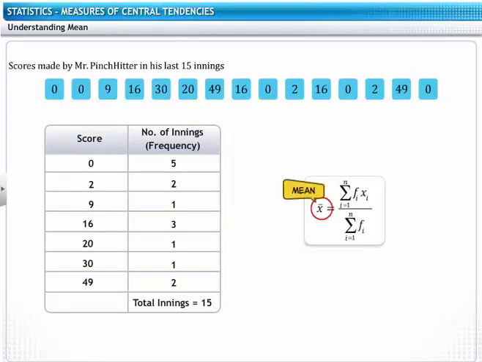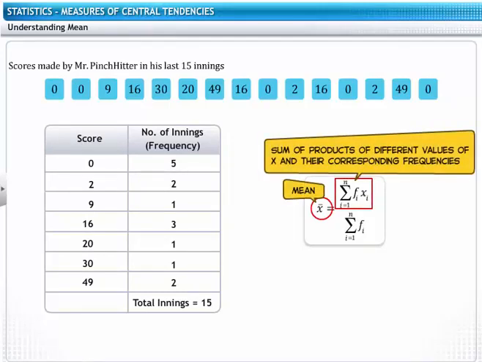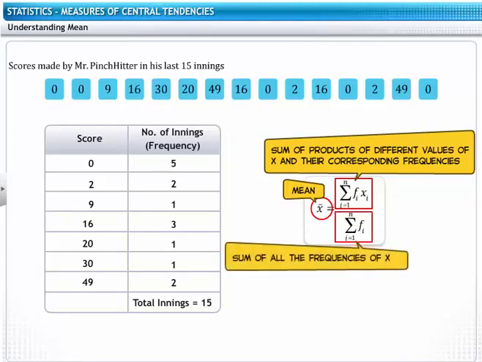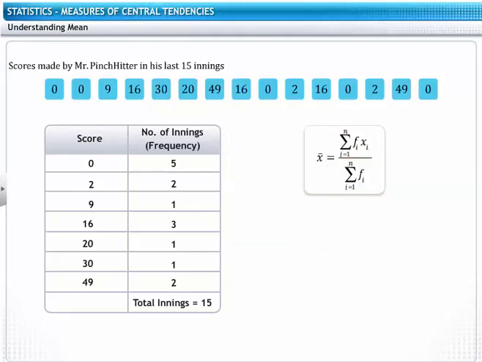Here the mean x bar is equal to the sum of the products of different values of x and their respective frequencies divided by the sum of all the frequencies of the different values of x. Let us apply this formula to verify the value of the mean we calculated earlier.